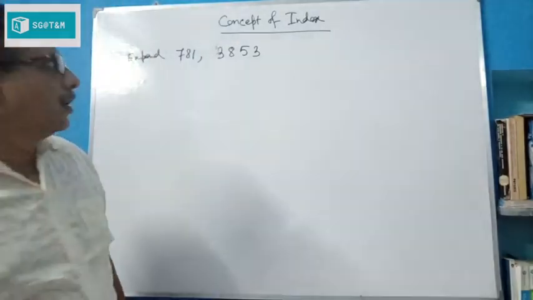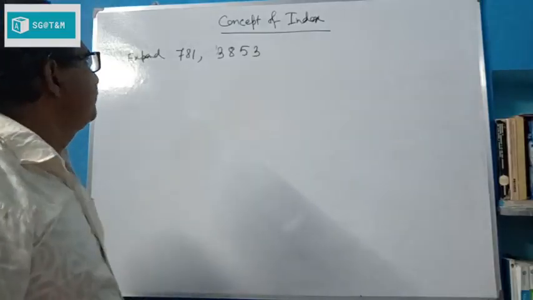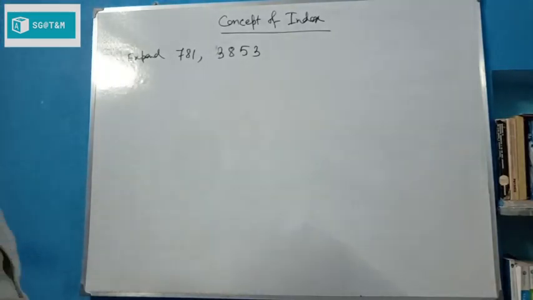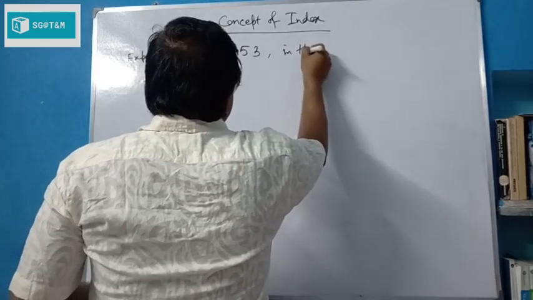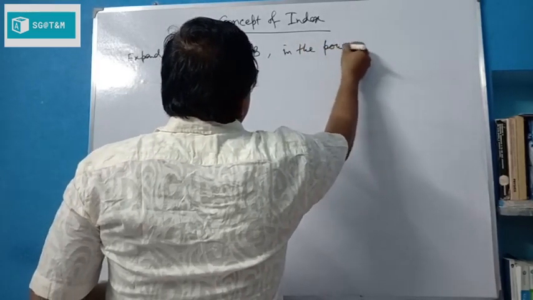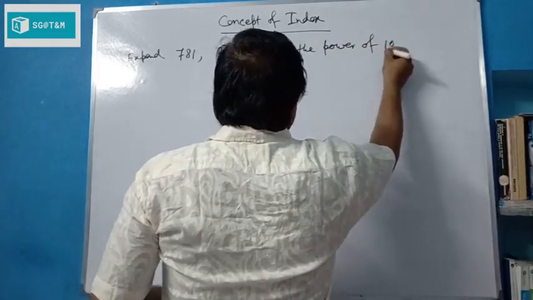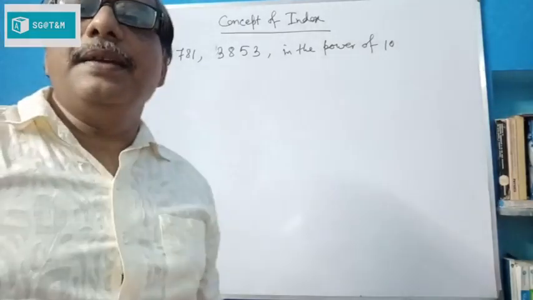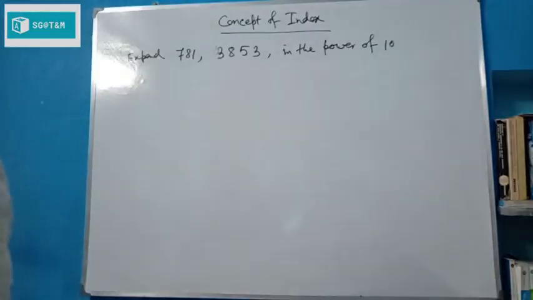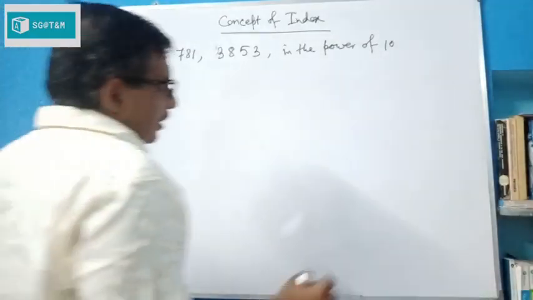Next, if we expand 7821 and 3853 in the power of 10, that means we have to write it in extended form. It is very easy.